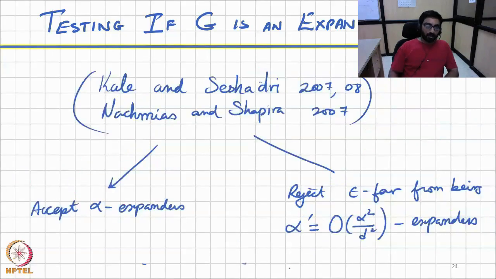And then soon thereafter, there have been some improvements, but again, nevertheless, of the same general form. So the improvements were by Kale and Seshadhri, and then Nachmias and Shapira, and they were able to show that the same algorithm can accept alpha expanders, and also with some constant probability reject graphs that are epsilon far from being alpha prime expanders, where here they've improved the alpha prime to be O of alpha squared divided by d squared.